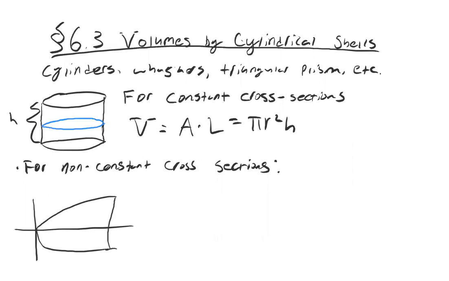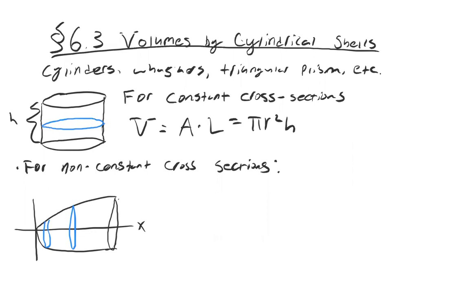I'm drawing it like this just so I can integrate along the x-axis here. If you look at a cross section here and a cross section here, the reason I call them non-constant is because the size of the cross section is changing as you go down the x-axis.